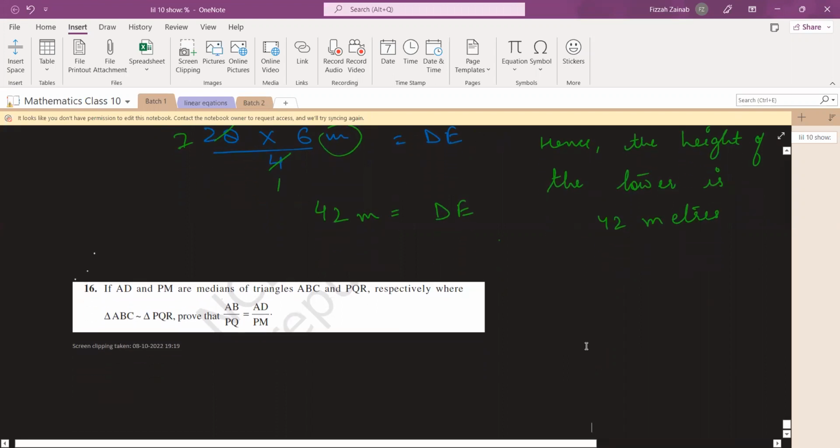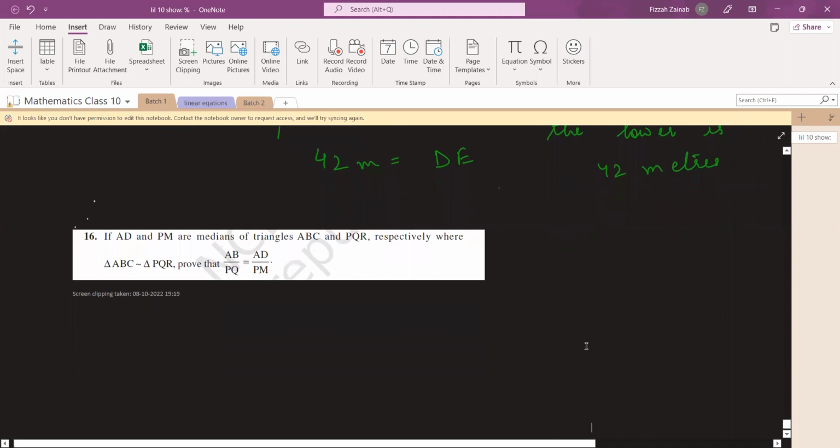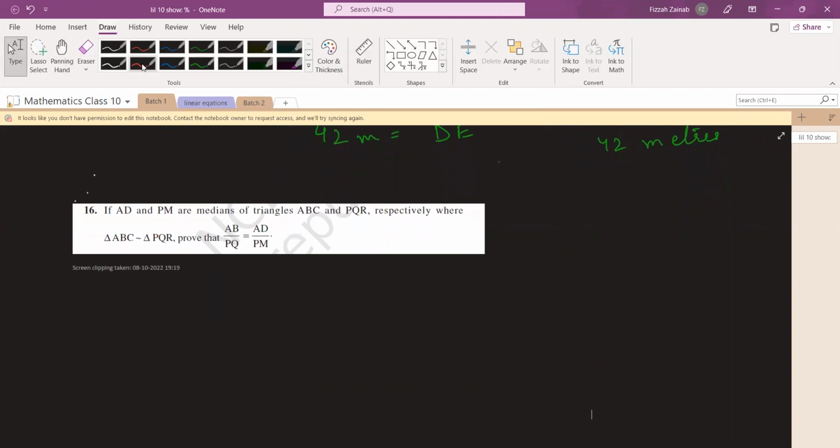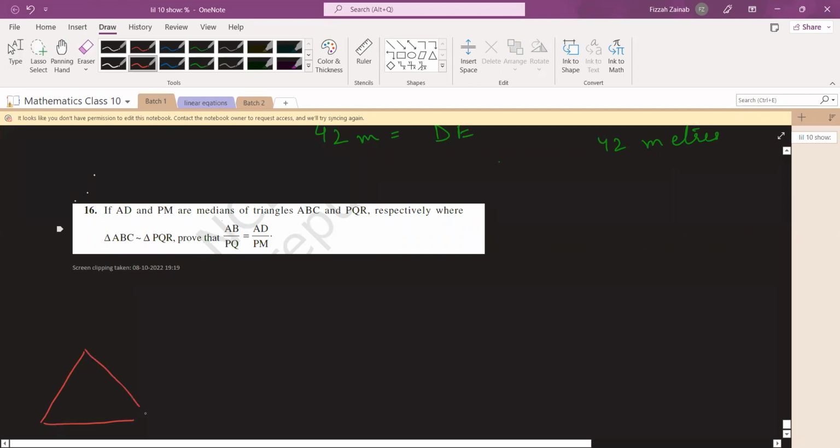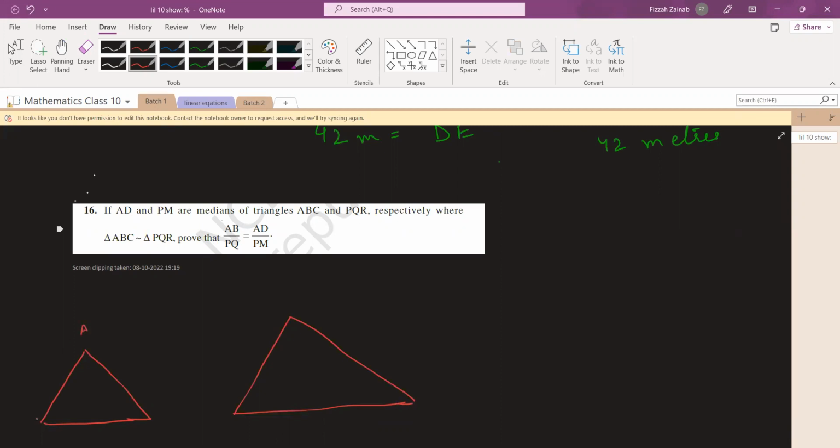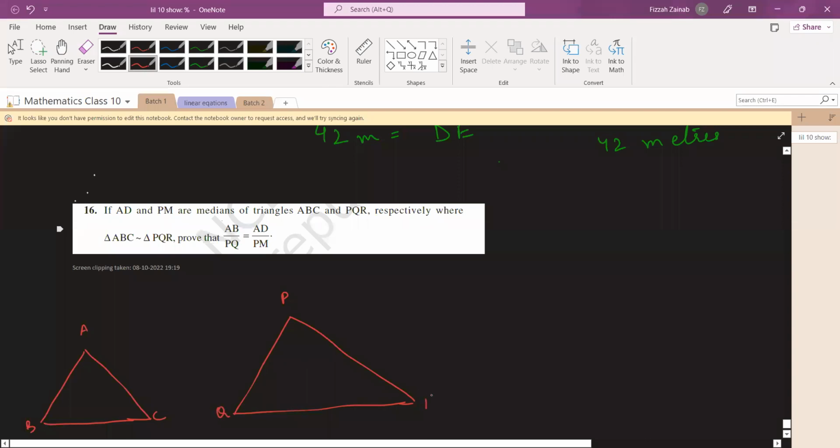Let us do it. Now AD and PM are medians of triangle ABC and PQR respectively. Let us draw two triangles, ABC and PQR.